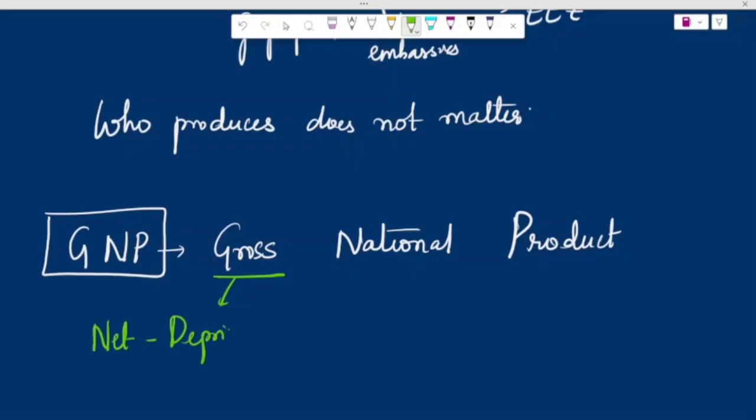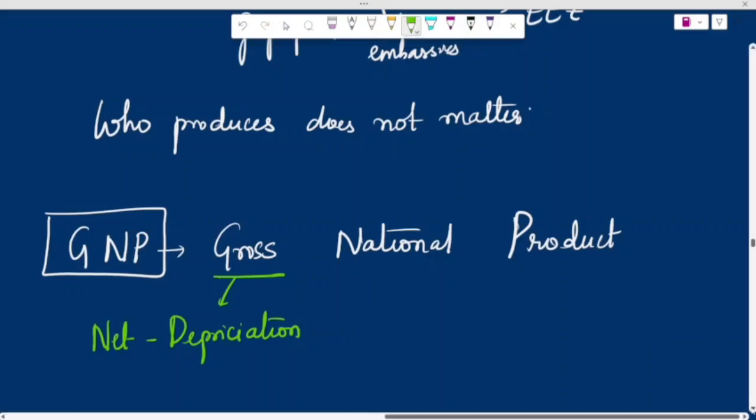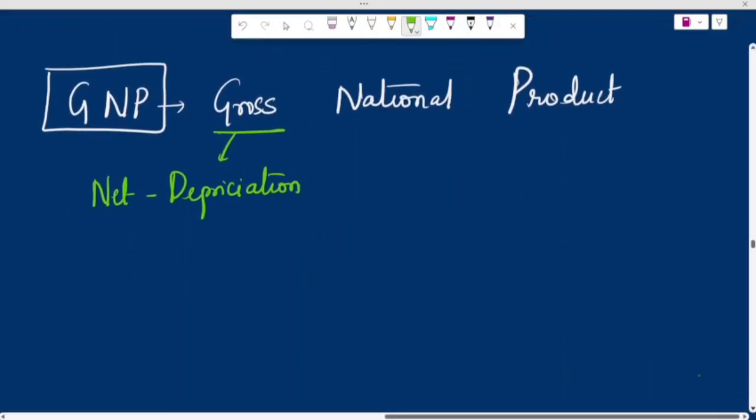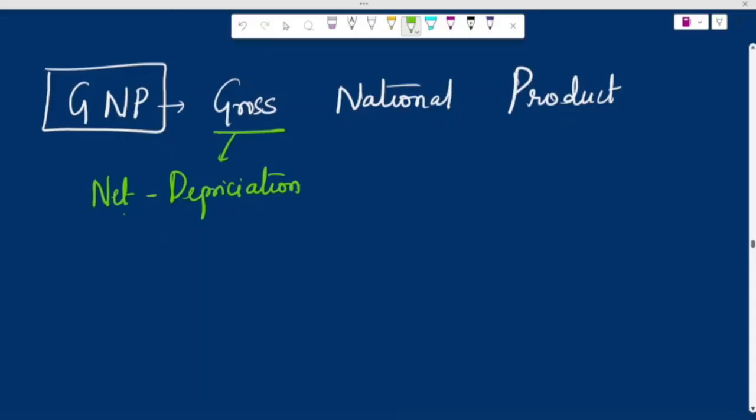For example, if you bought a car and you are running a travels business, in the first year you won't be getting any damages, or any mechanic work to be done. You won't take the car to the garage in the first few months or one year. But year after year you need to make some changes, or change some parts of the car. So that is nothing but depreciation. So gross is nothing but net minus depreciation.